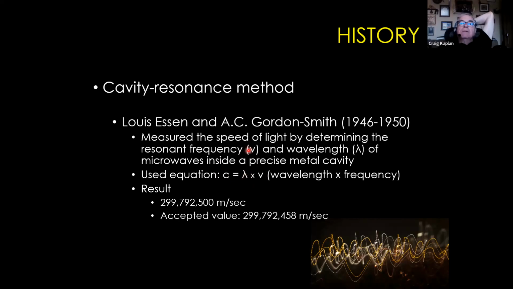The wavelength he knew and the frequency he calculated. And he was incredibly close, within 50 meters per second of the accepted value. So these were in the mid 1900s.